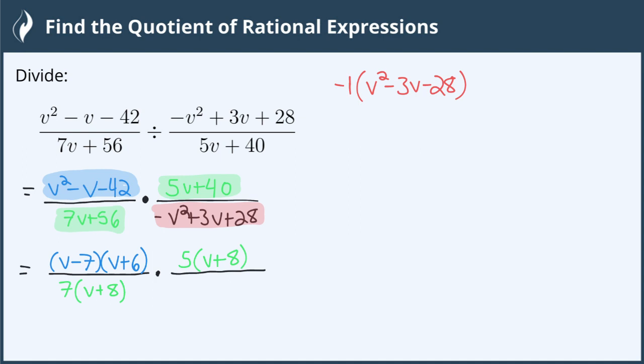From here, we're going to be able to treat the inside of the parentheses the same way we did with our blue piece up on the top of the first fraction and say, okay, what two numbers multiply to negative 28 but add to negative 3? That's going to be negative 7 and a positive 4, because negative 7 times 4 is negative 28, and negative 7 plus 4 is negative 3. So we can copy this down to the bottom of this fraction.